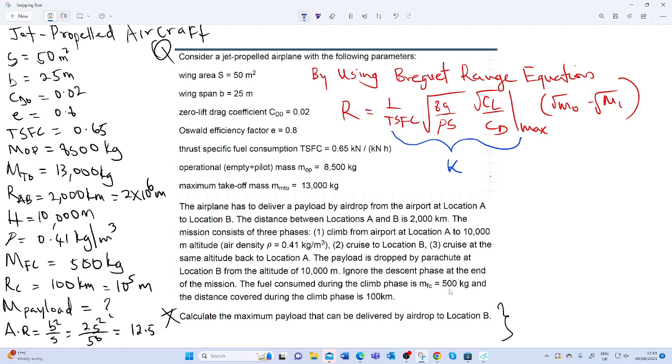So now K becomes 1 over TSFC times the square root of 2 over g rho S, times CL over CD max. Now how do we find our CL, our CD?